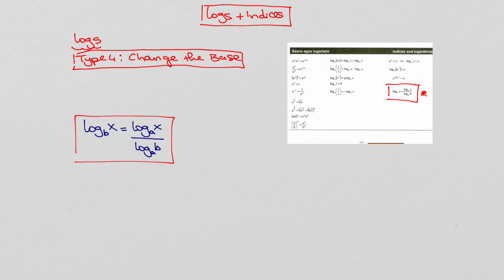So what you'll see here is that we have base B on the left and then base A on the right.